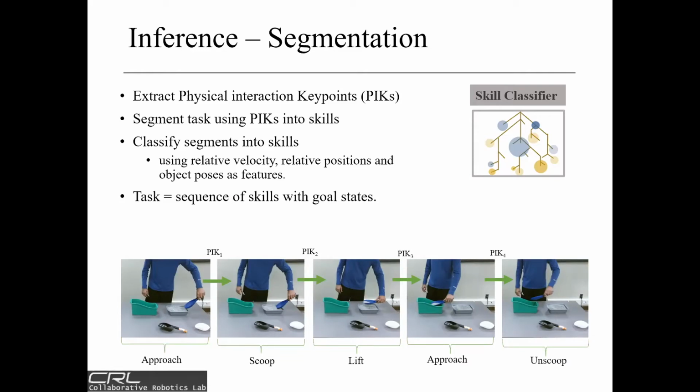And these segments are mapped to the closest skill which the robot already knows. So we use the interaction key points to segment the entire video into a sequence of sub-videos. And from these videos, we infer details regarding relative velocity between objects, relative positions, and object poses as features. And we use these features to classify each segment into a known skill.